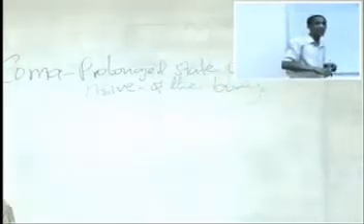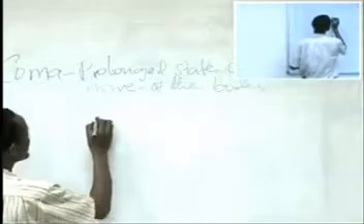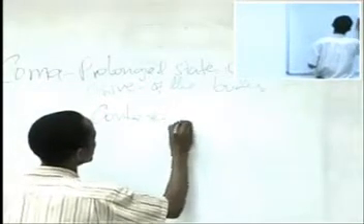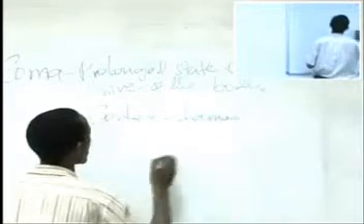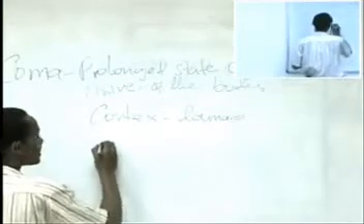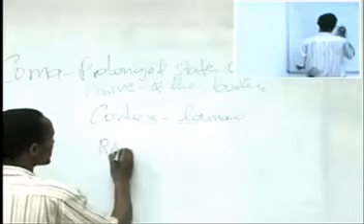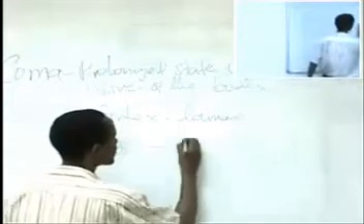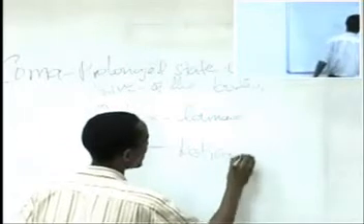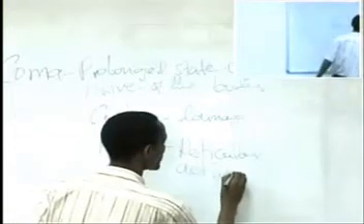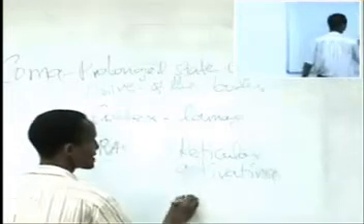And why is this coma? The coma is caused by damage to two parts of the brain, the cortex, or another area called RAS, standing for reticular activating system.